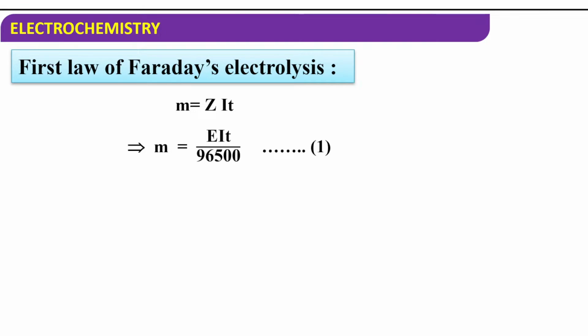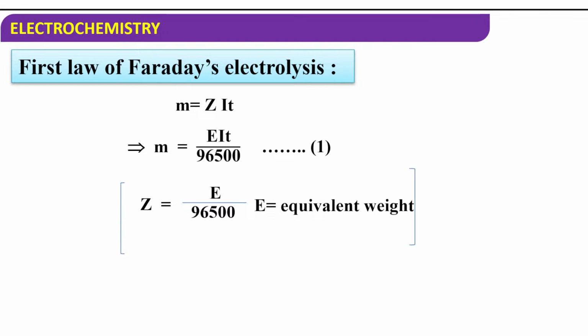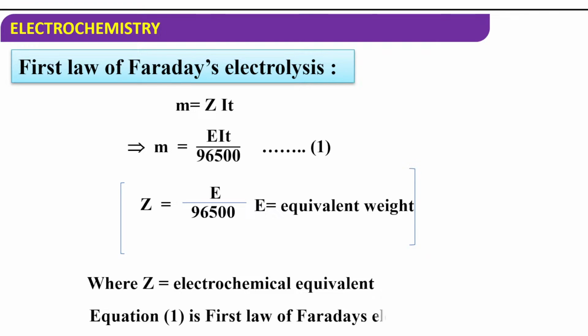That is electrochemical equivalent, that is equal to E upon 96,500, where E is the equivalent weight. And this equation is called the first law of Faraday's electrolysis.